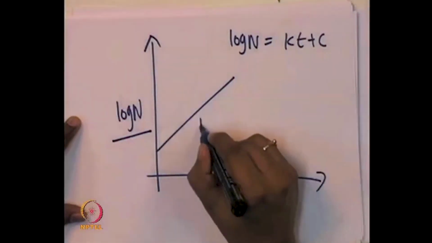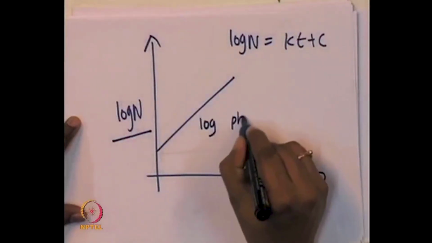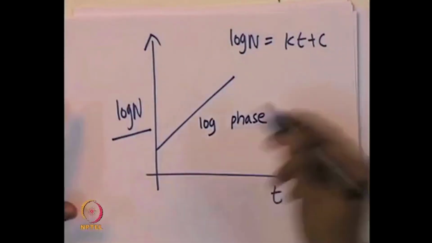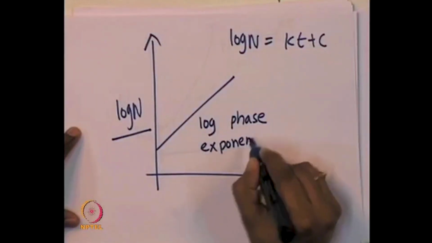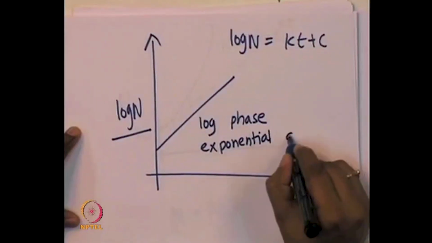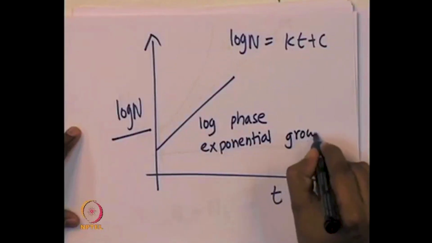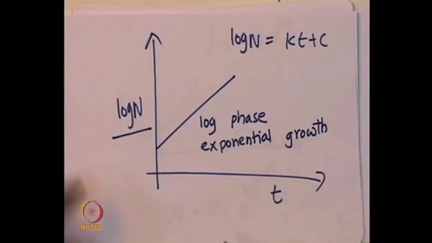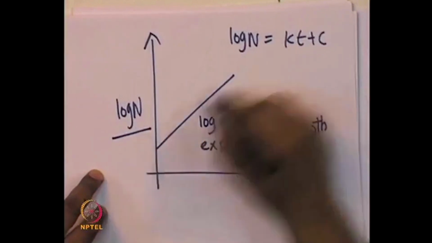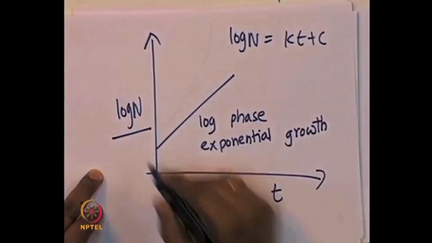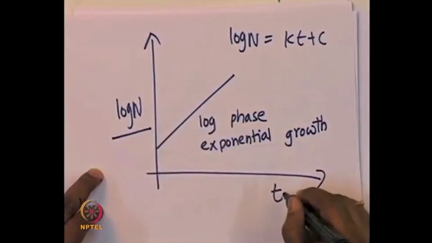So, we can call this the log phase of bacterial growth, the log phase or exponential phase. This is exponential growth. Sometimes you can see people draw it as a straight line, and that is because you plot log n versus t.